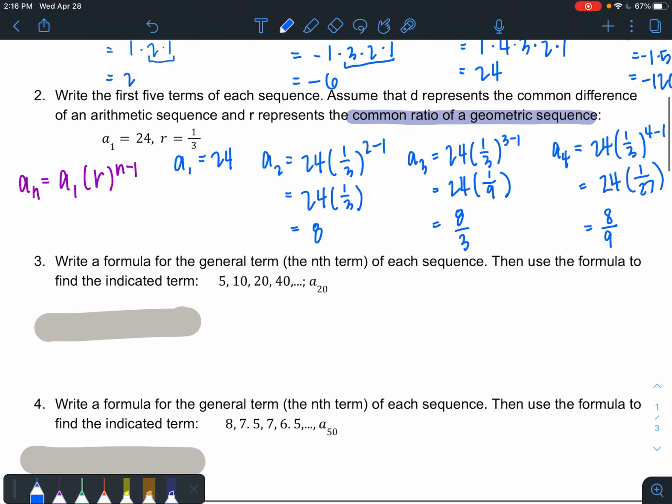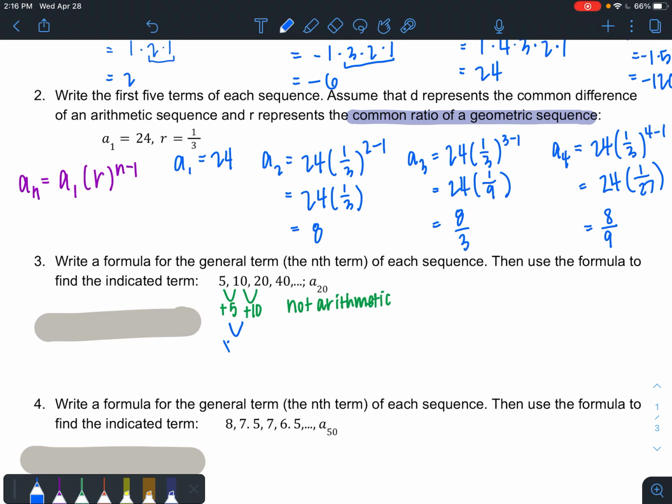All right. Write a formula for the general term of each sequence, then use a formula to find the indicated term. Let's first determine if it's arithmetic or geometric. For adding, add 5, add 10, so it's not arithmetic. So we'll test if it's geometric.